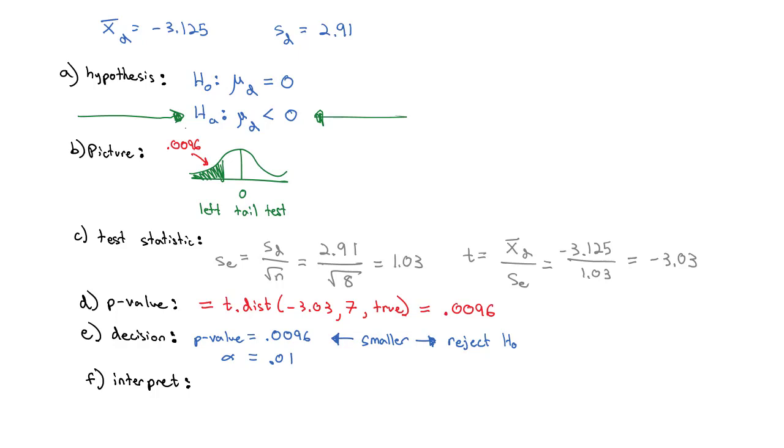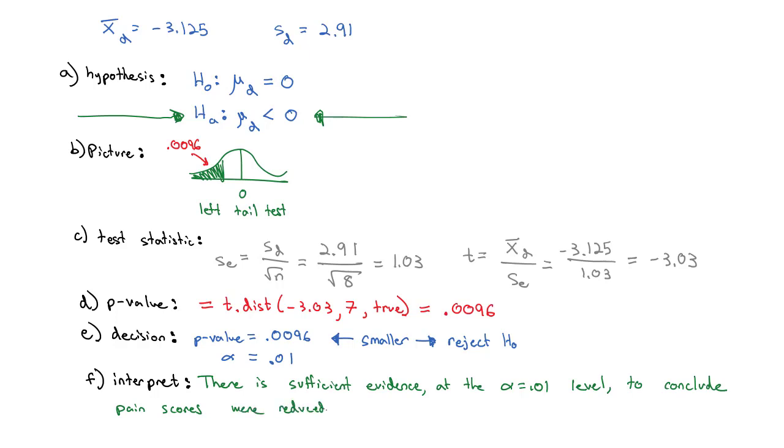We successfully rejected the null in favor of the alternative, which means we can say there is sufficient evidence at the alpha equals 0.01 level to conclude, and that alternate hypothesis says that the mean is lower, or the scores went down, that pain scores were reduced after the hypnosis treatment.